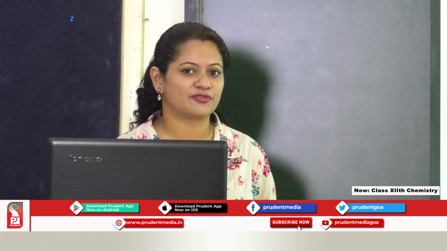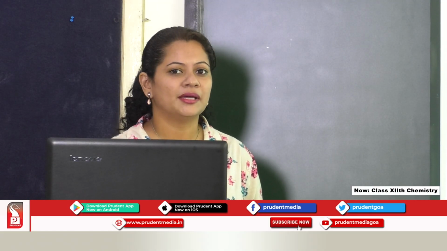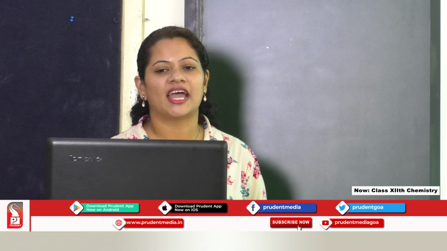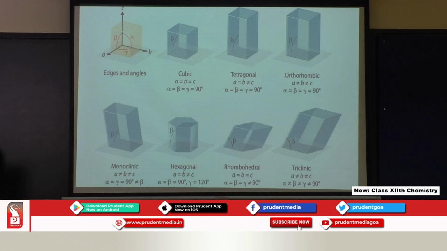All crystals which are found in nature crystallize in any one of the 7 basic geometrical figures, and these are called crystal systems. Let's go ahead and see the 7 crystal systems in detail. As we have discussed earlier, these are all characterized by 6 parameters, that is 3 edges a, b, c and the angles alpha, beta and gamma.